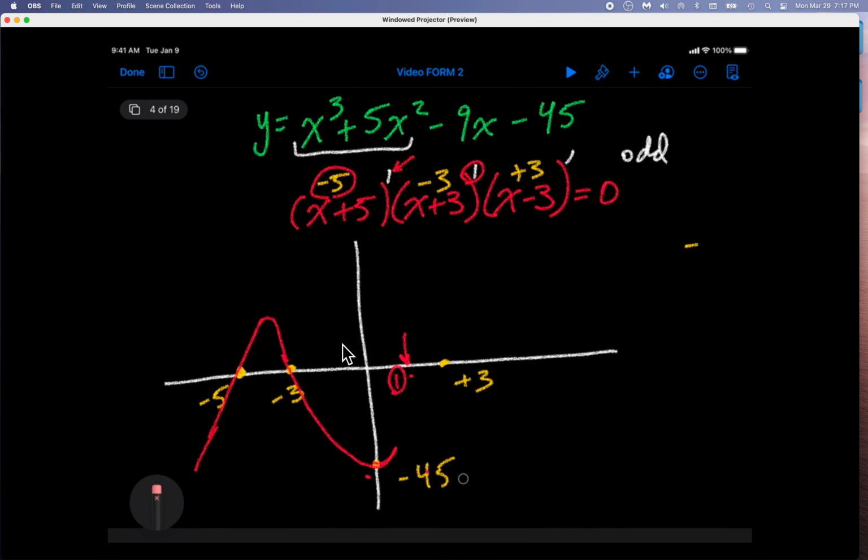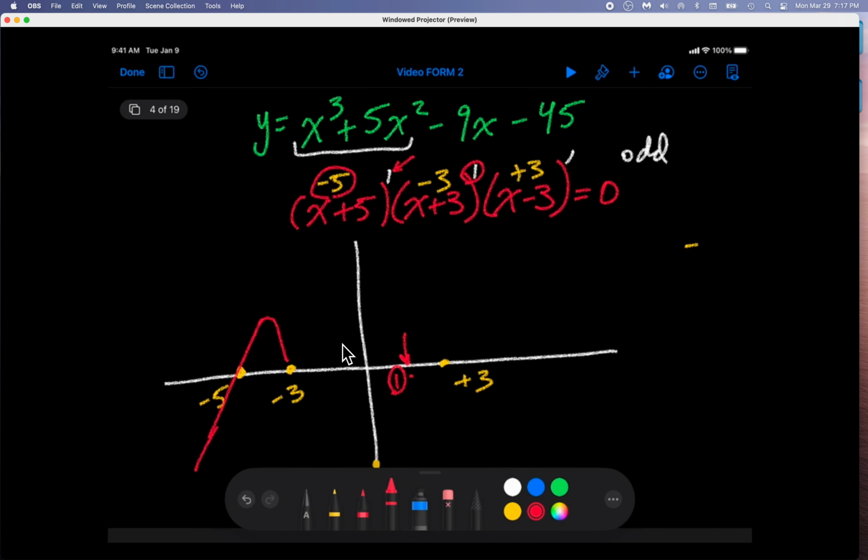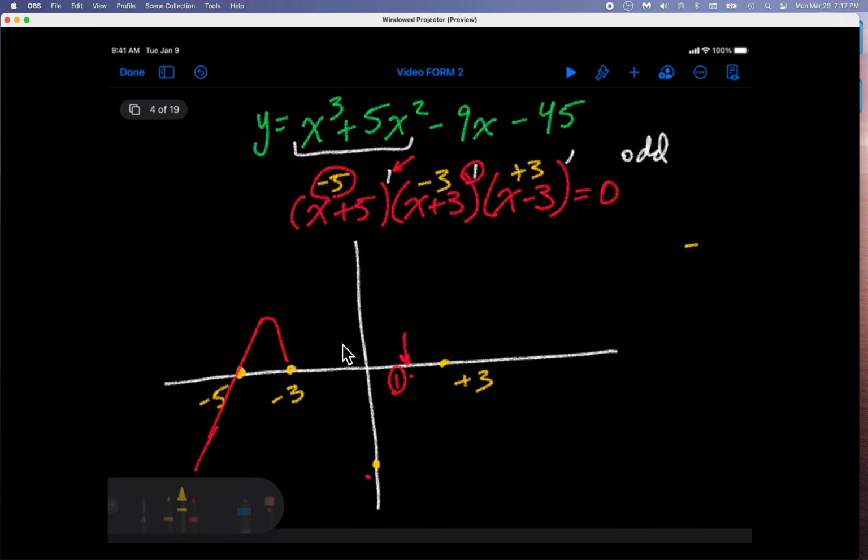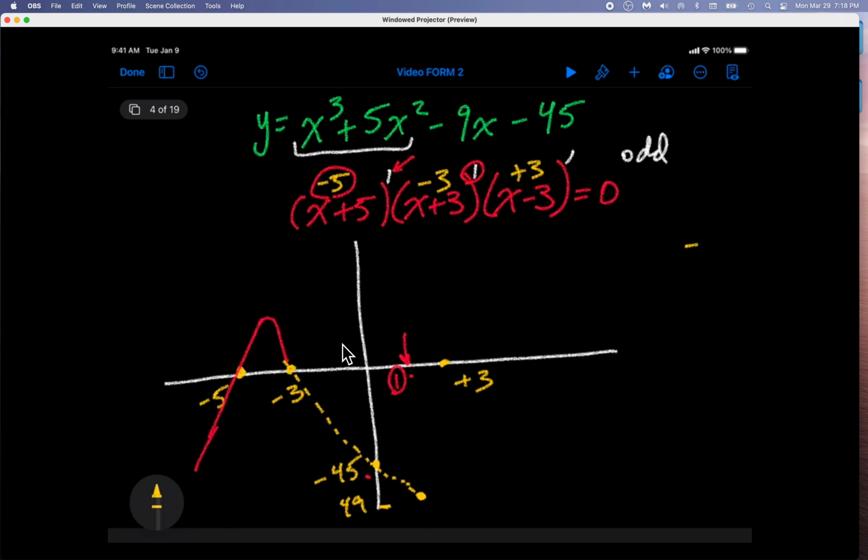So what happens in this particular graph is it doesn't turn up at the y-intercept. It goes all the way down, at least this far, to -49. And we don't know if it keeps going before it turns, but this is good enough.